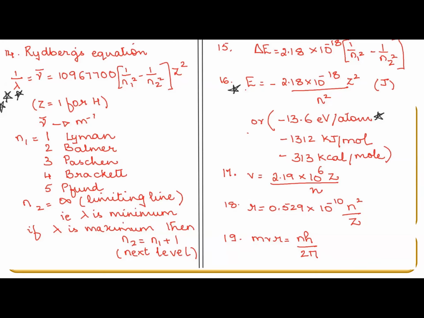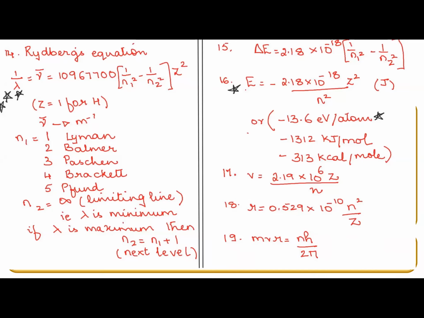If you see, this looks so similar to the Rydberg equation, right? Instead of 1 by lambda, or mu bar, when you write mu bar, you should have here 10967700. If you have delta E, then you should have here the energy constant, that's 2.18 into 10 raised to minus 18. This part is the same.